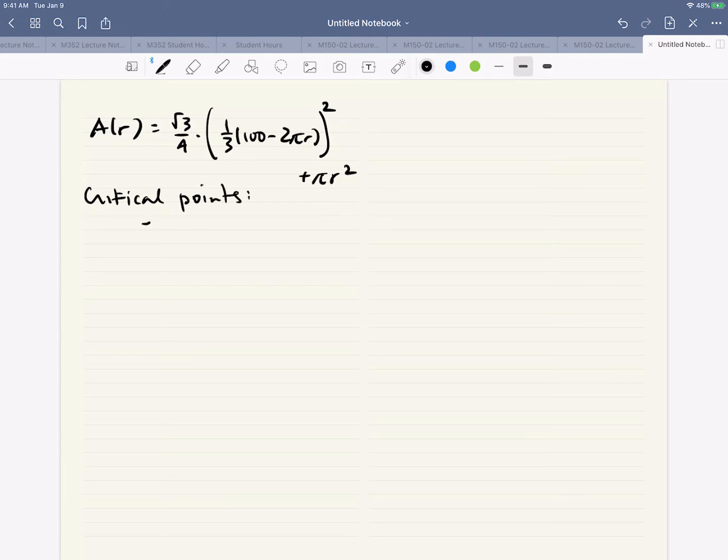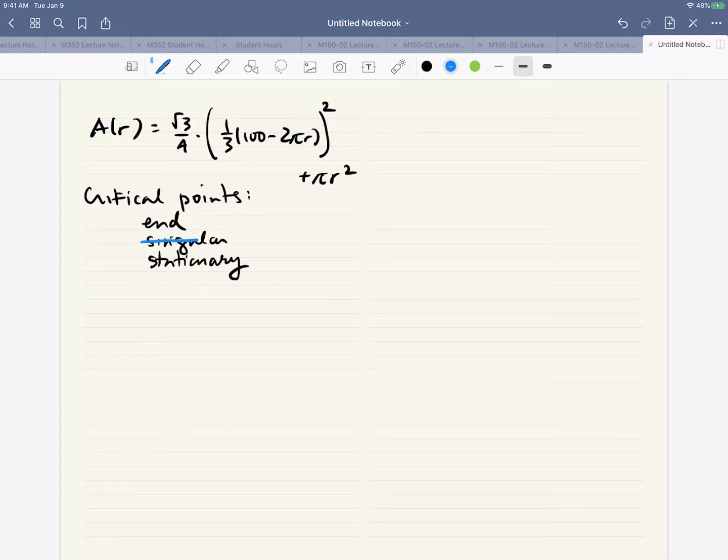It's good to remind ourselves that critical points come in 3 flavors: endpoints, singular points, and stationary points. Looking at this function, you can see that it's a polynomial in R, so it's going to be differentiable everywhere. It's not going to have any singular points.